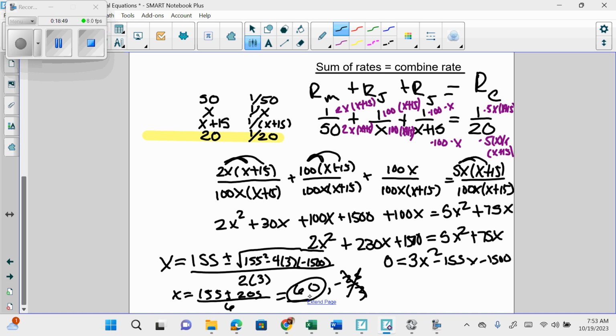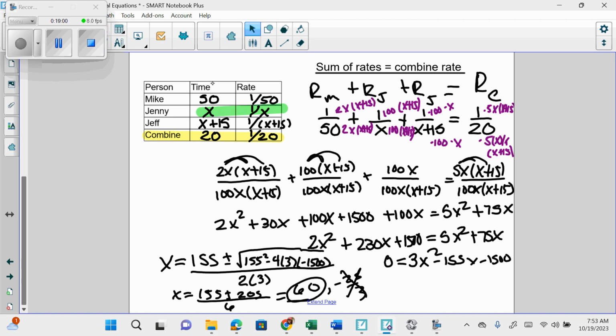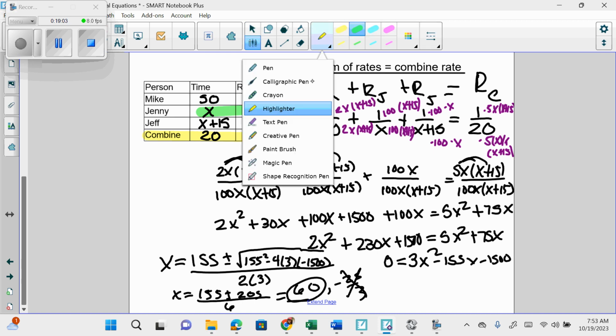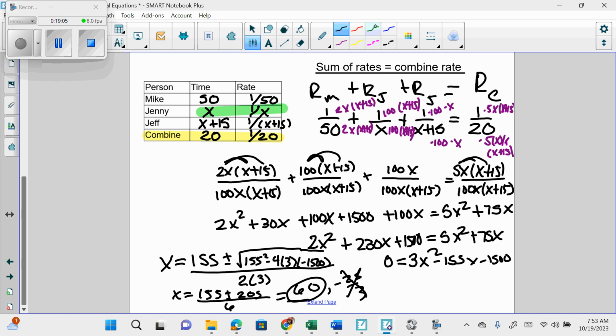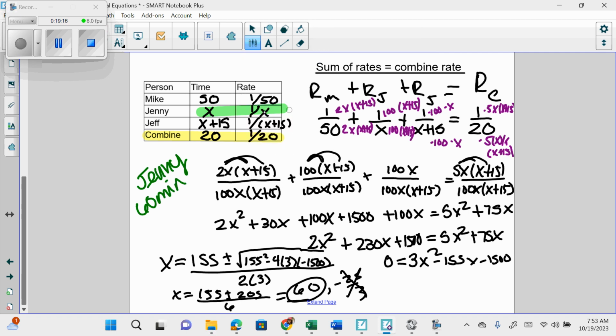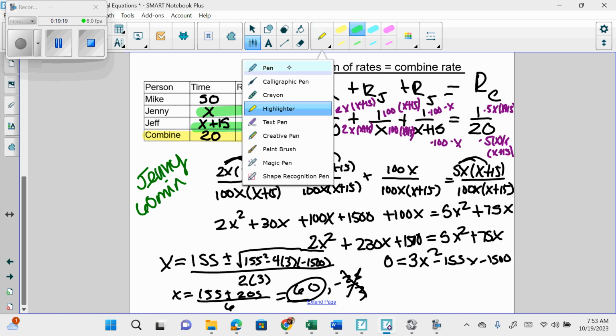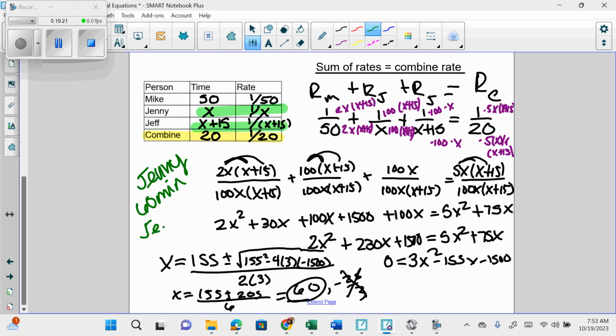So Jenny would take 60 minutes working alone, but the problem didn't ask for Jenny, it asked for Jeff. So Jeff would then be x plus 15, so 75 minutes.